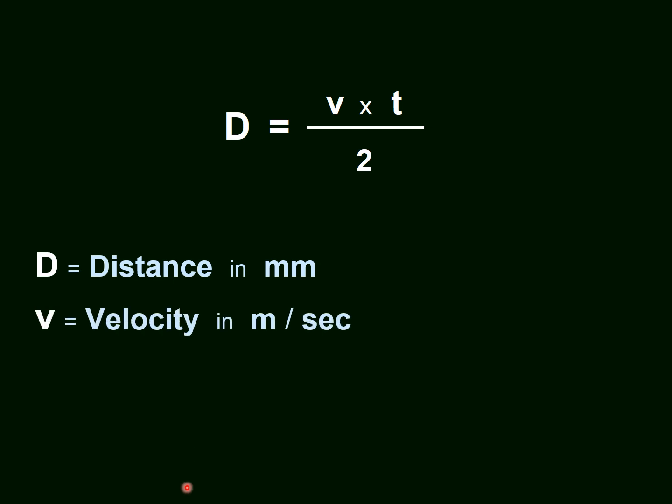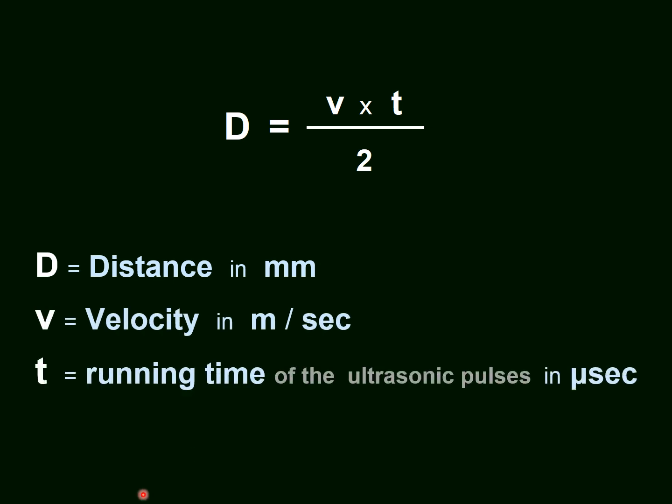The distance is given in millimeters, the velocity in meters per second, the running time of the ultrasonic pulses in microseconds, in millionths of a second.